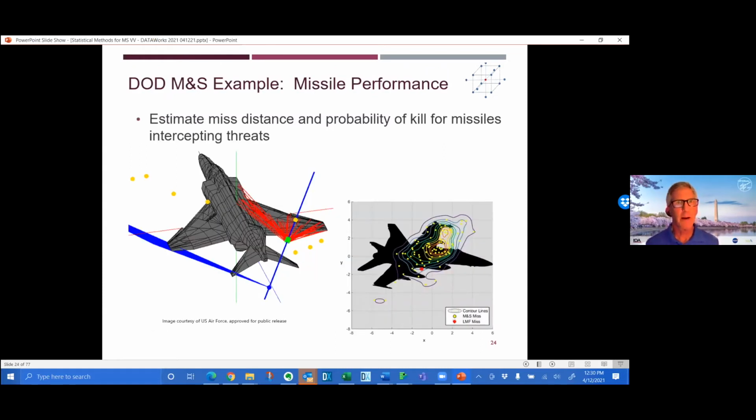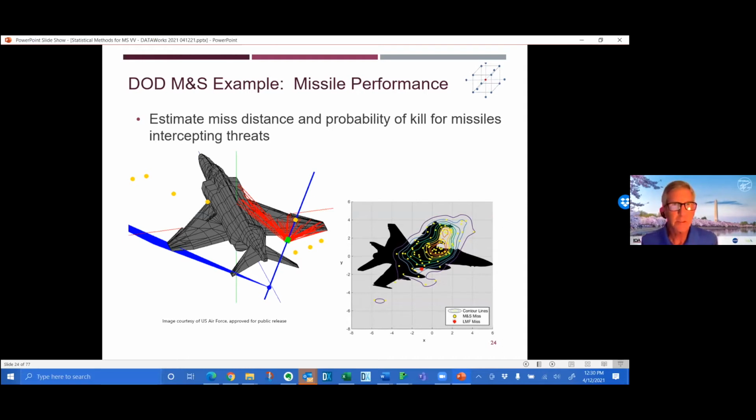So if we think about going into this M&S underlying system, this is for air-to-air, probability kill. Certainly, that was something we looked at in regards to the Fisher's combined situation, right?